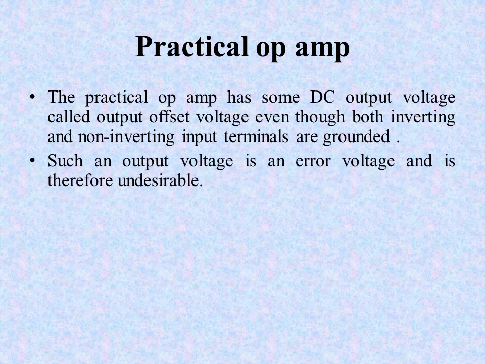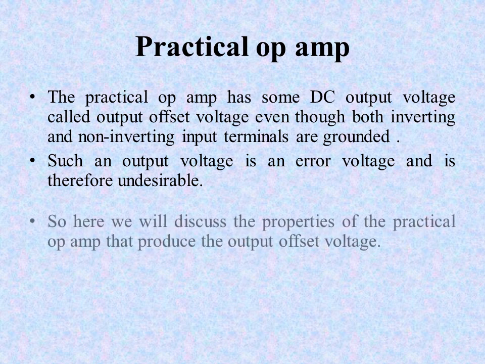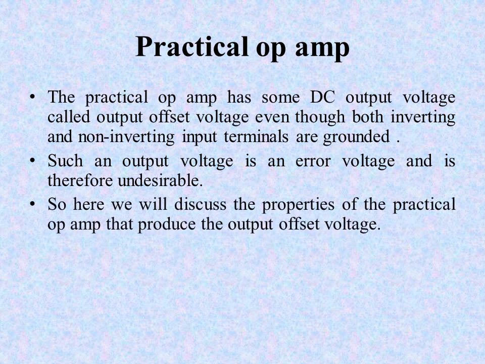Such an output voltage is an error voltage, because we are not giving any input signal but output is there, and it is undesirable. In this lecture we'll discuss what properties cause this voltage to develop and how we can minimize these effects.